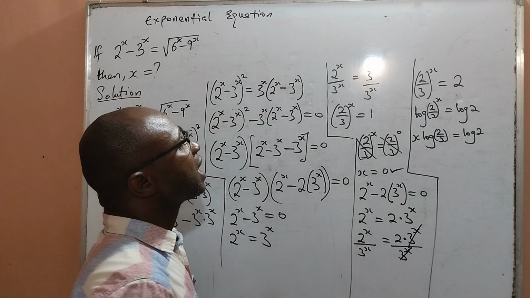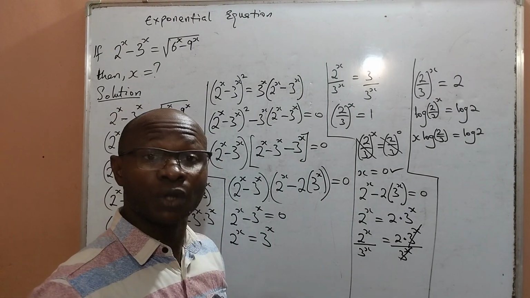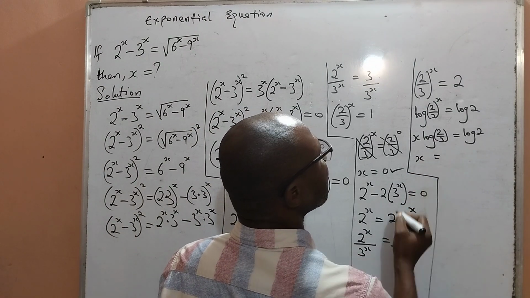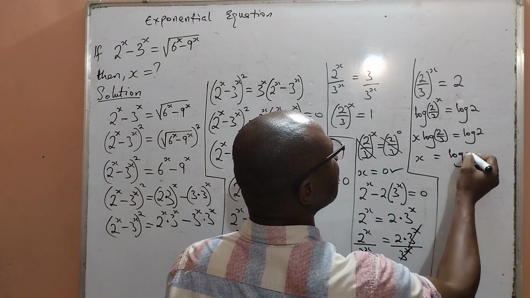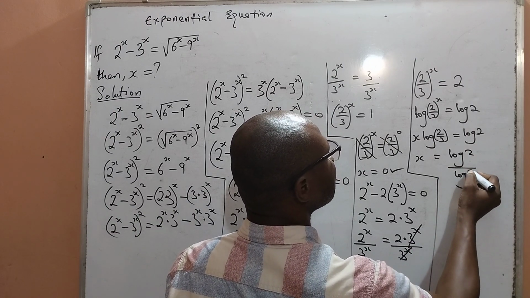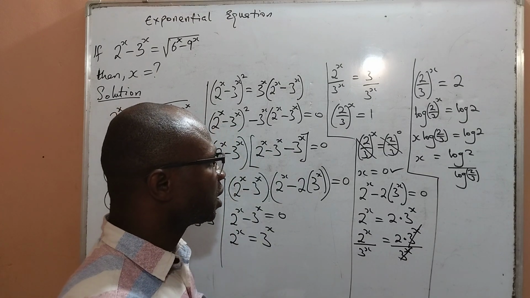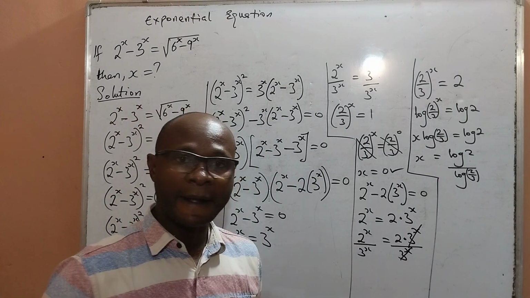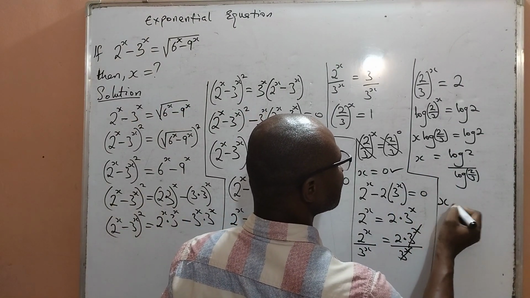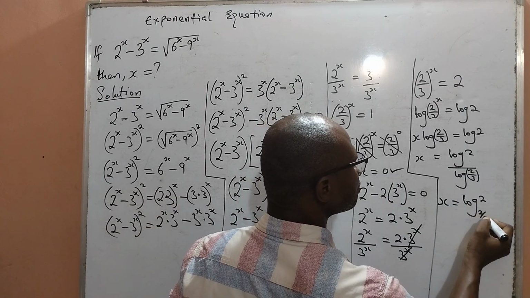At this point, I want to divide both sides of the equation by log of 2 all over 3. And that is going to give me x equal to the logarithm of 2 divided by the logarithm of 2 all over 3. And again, by law of logarithms, which is what we call change of base of logarithm, this can now be written as x is equal to the logarithm of 2 to base 2 all over 3.